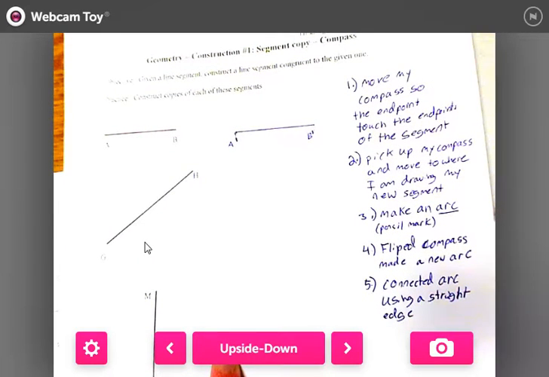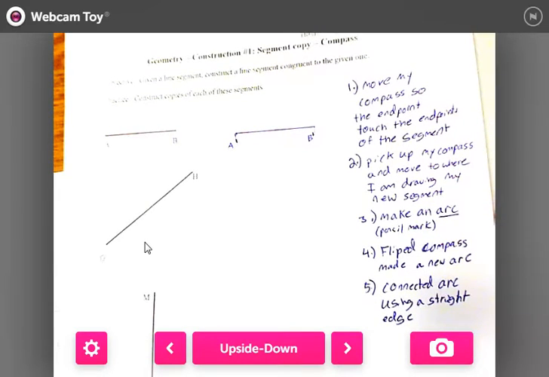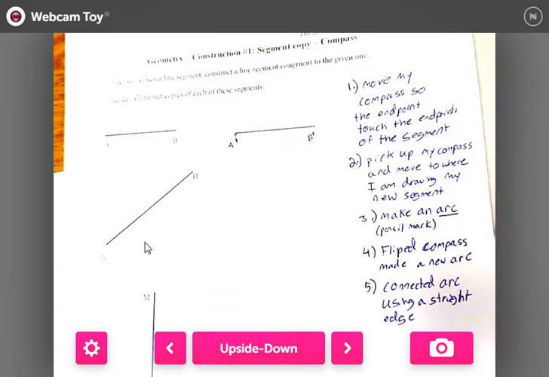I'm going to leave this and let you guys do that. Do you feel like you could do this again with those instructions right next to it? Or you could ask somebody for help if that doesn't work? Okay. I'm going to turn the page and we're going to copy an angle.